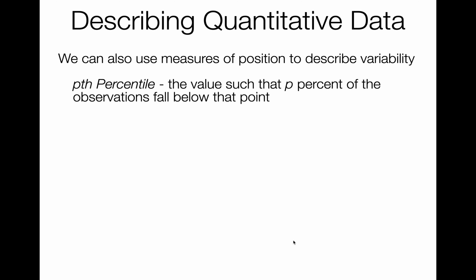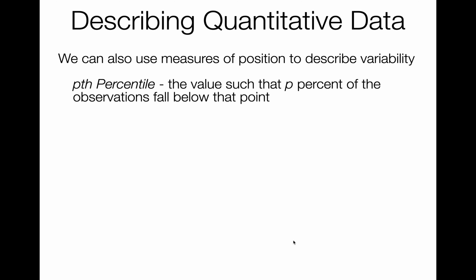So if you've ever taken a standardized test before and gotten the results back, you likely got your results in percentiles. So for instance, maybe I was in the 75th percentile on the SAT in math, okay?